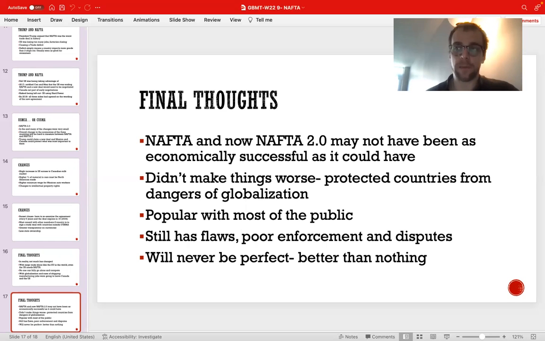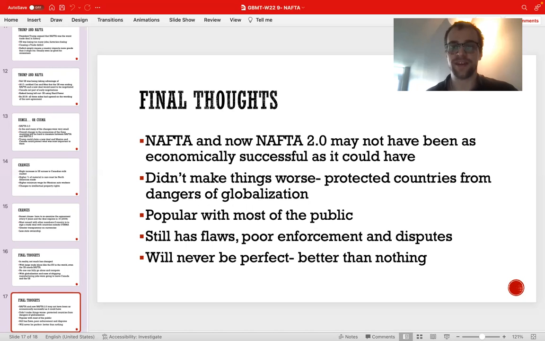Trade agreements are quite popular with most of the public. However, there are some notable exceptions, as we mentioned with the Rust Belt. Still, there are major flaws in NAFTA 2.0, namely poor enforcement and an imperfect dispute mechanism. And this could be due to the power inequalities between the states involved.